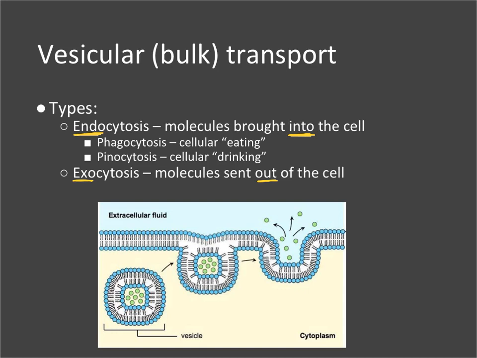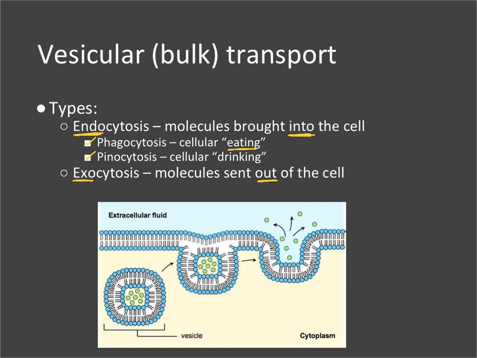Now we can further break down endocytosis into phagocytosis and pinocytosis. Phagocytosis is considered cellular eating, meaning that whatever is being brought into the cell is something that is typically big and solid. Pinocytosis is where a liquid is being brought into the vesicle.